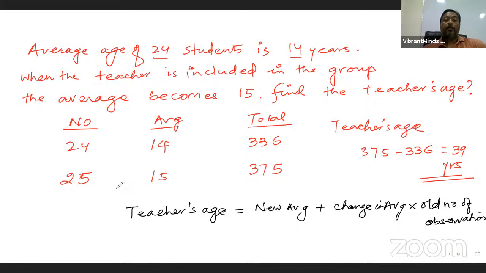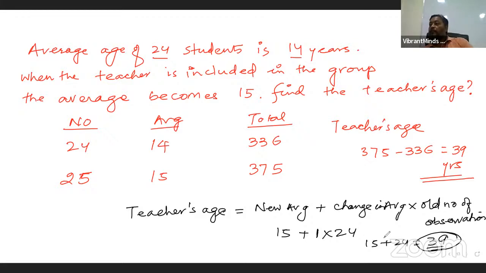Now see, the new average is what? 15. Change in average is what? 1. Old observation is what? 24. So 15 plus 24, and that gives you 39. I hope I am clear.